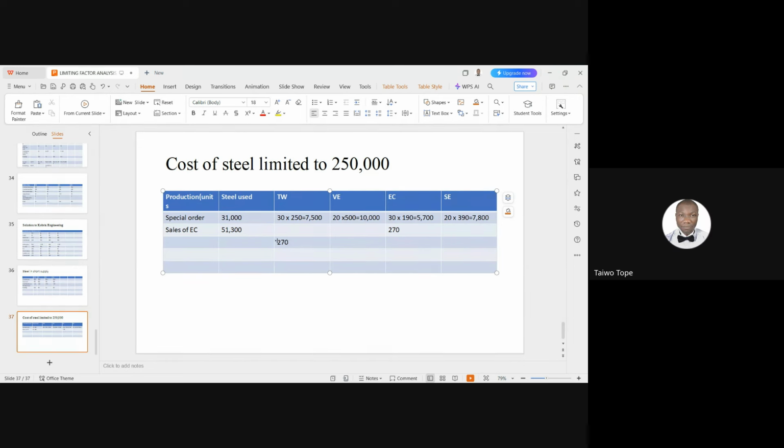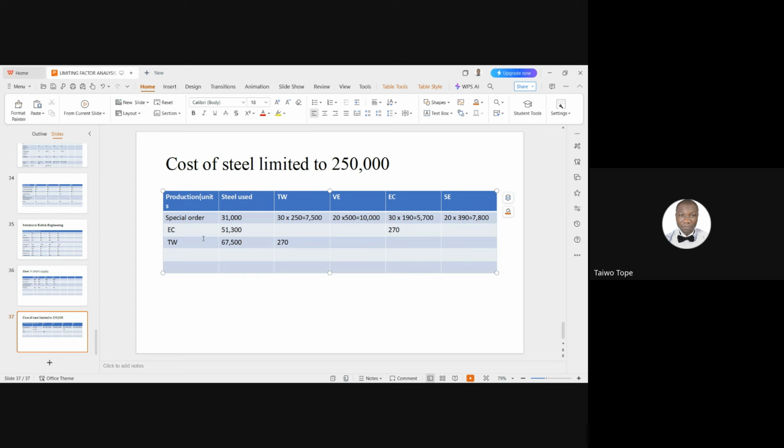So times how much are you spending to buy? 250. That is 67,500. So TW, you have it as 67,500.